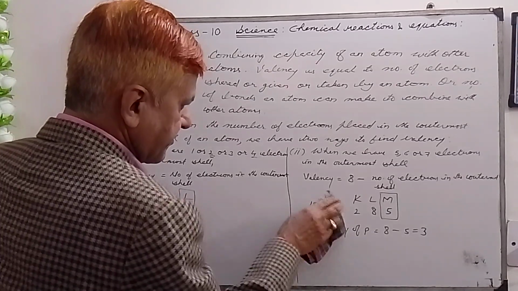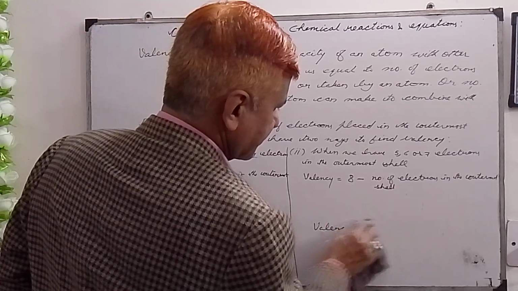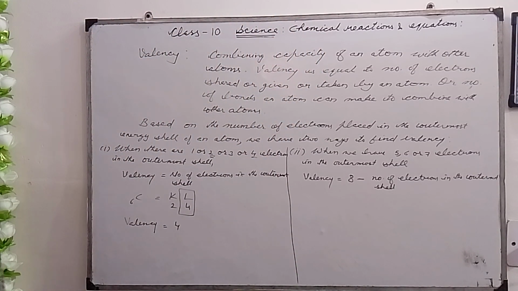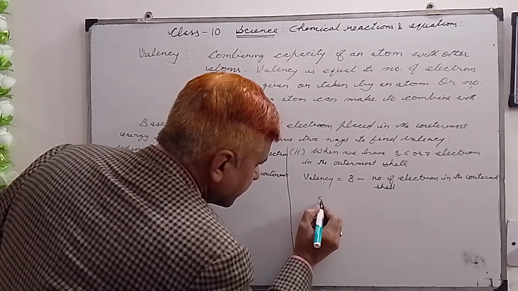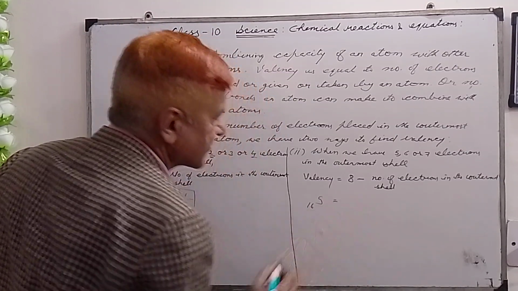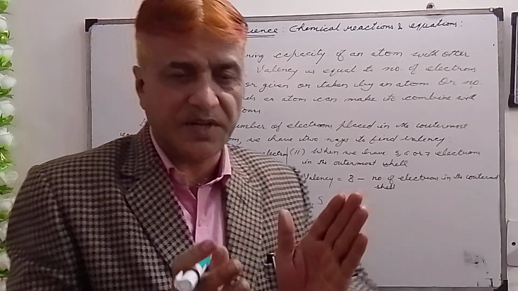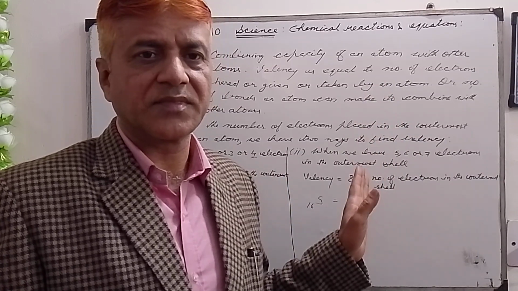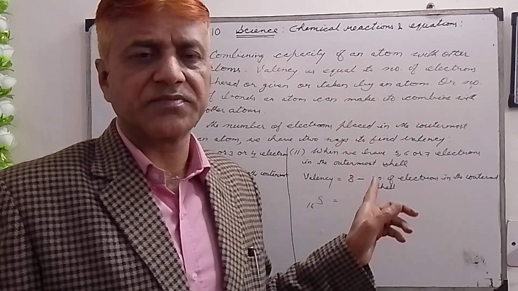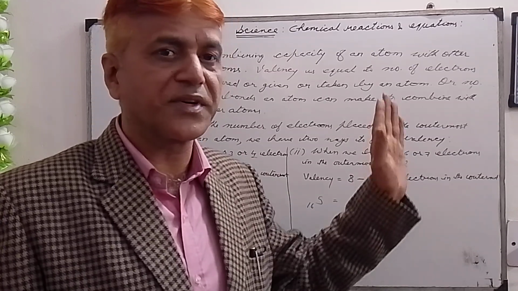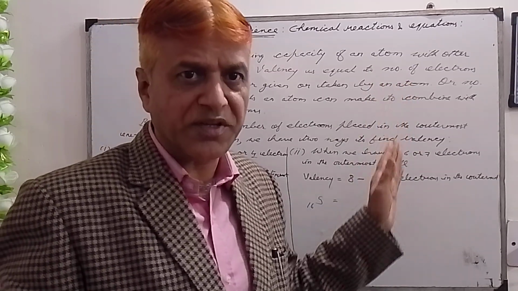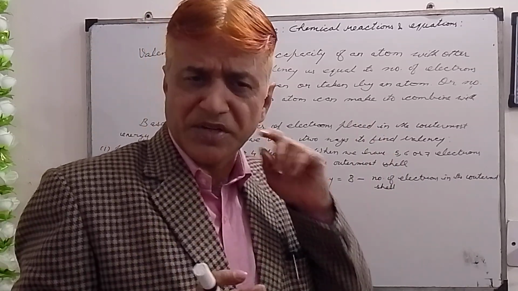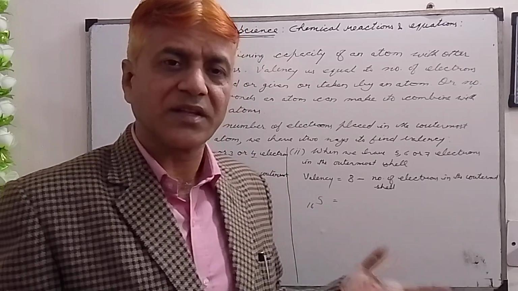Now let's take another example. Suppose we want to find the valency of the sulfur atom. Sulfur has atomic number 16. My dear students, please learn the atomic numbers of the first 20 elements. Make a table, write the symbols of the first 20 elements, and in front of each element write the atomic number, and make this table 10 times, 20 times, and learn this.